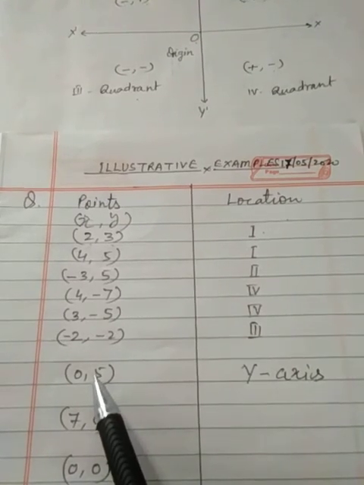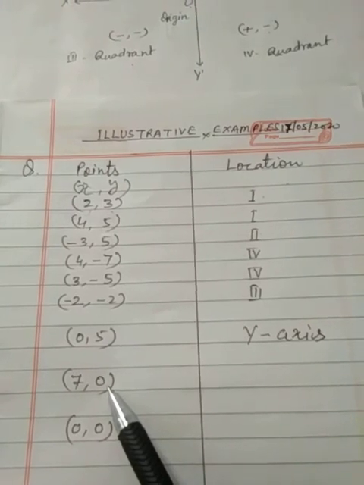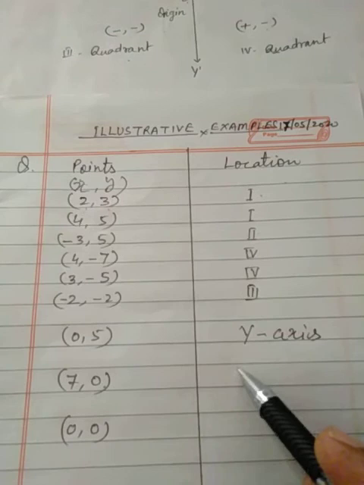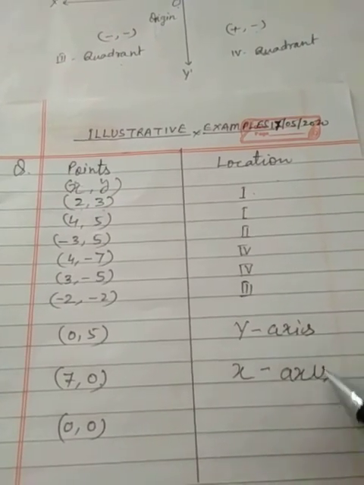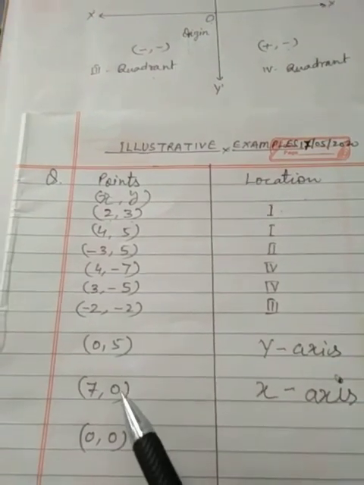And I can ask one more thing, this is plus 5, so on the y-axis where? Above the origin. Similarly 7 comma 0, now ordinate is 0. If ordinate is 0, what does that mean? This will lie on the x-axis. This is the reverse order, right? Because y is 0.